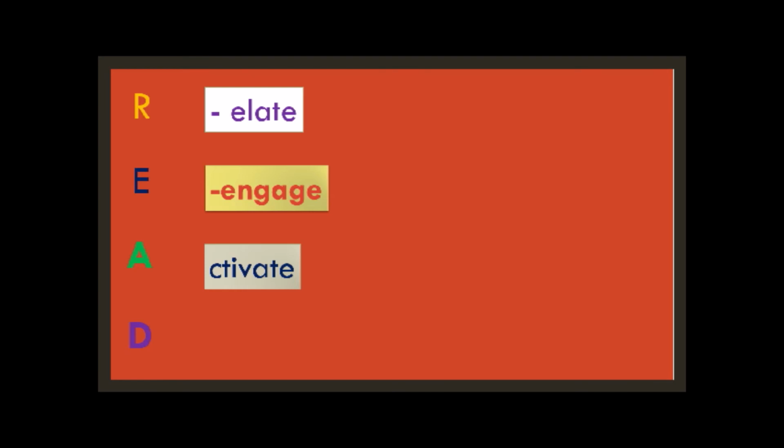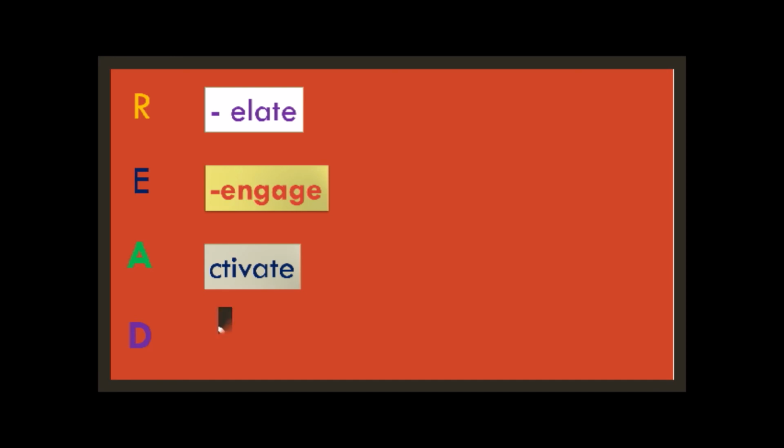It also activates our emotions. It also activates our sense of touch as we browse on the pages of the book that we are reading. We tend to activate or awaken our sense of touch.